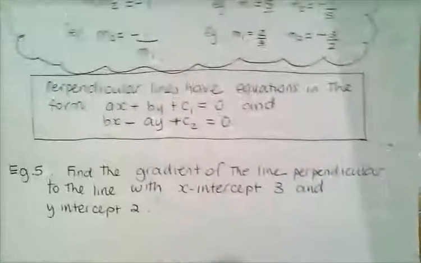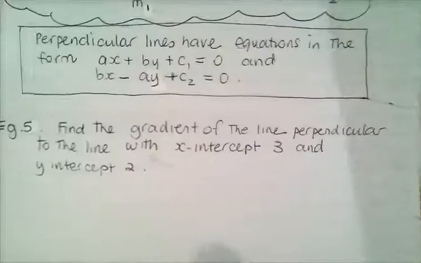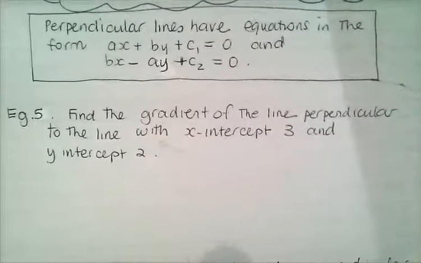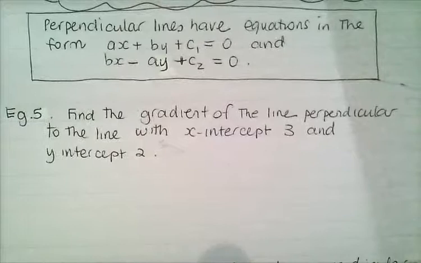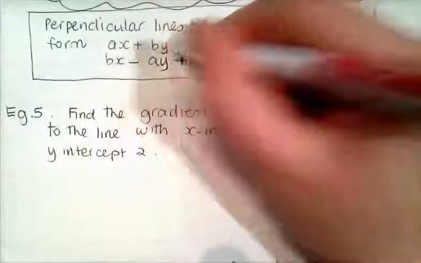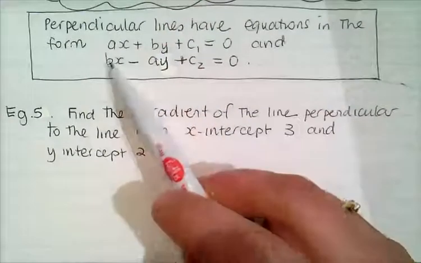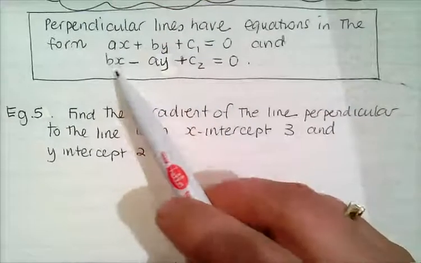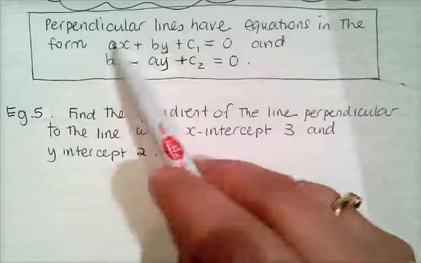Okay? Now, if you look at two lines that are perpendicular and they happen to be in general form, then this is how they will look. You'll have ax plus by plus some constant equals 0, and the line perpendicular to it will be like the coefficients.